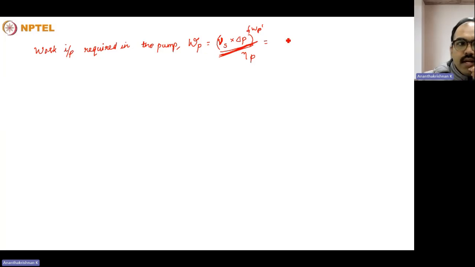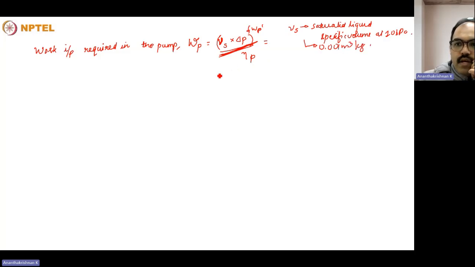The specific volume at the condition of 10 kilopascal, saturated liquid specific volume at 10 kilopascal, you can approximate to be 0.001 meter cube per kg.